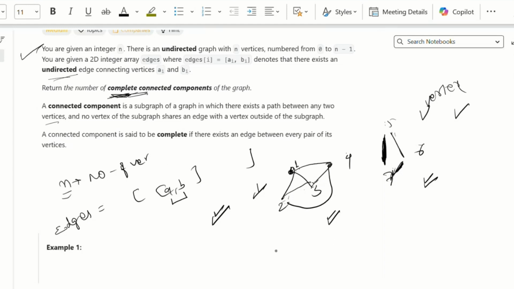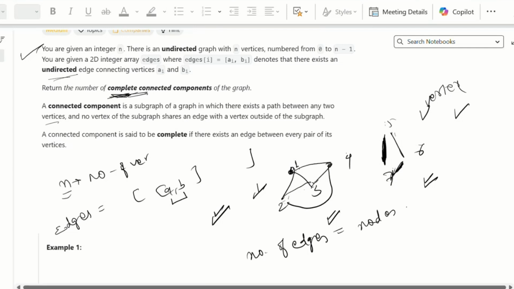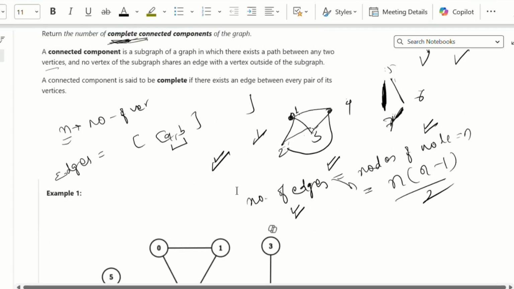The formula is that the number of edges should equal n times n minus 1 divided by 2, where n is the number of nodes. If the number of edges equals n into n minus 1 divided by 2, then we can say it is a complete connected component. We will see this clearly with the help of an example.